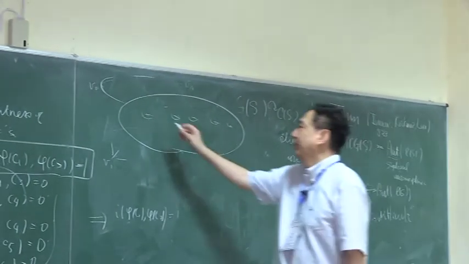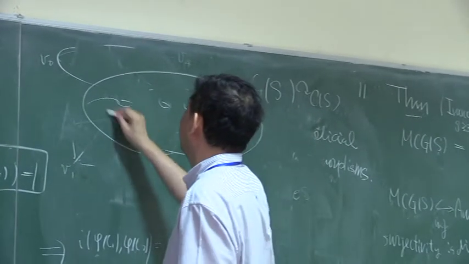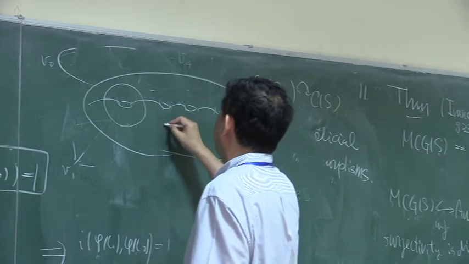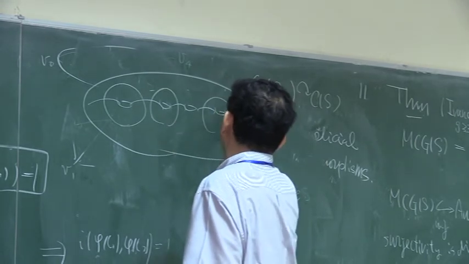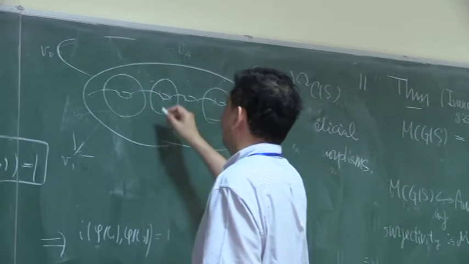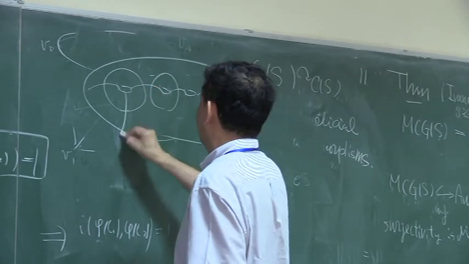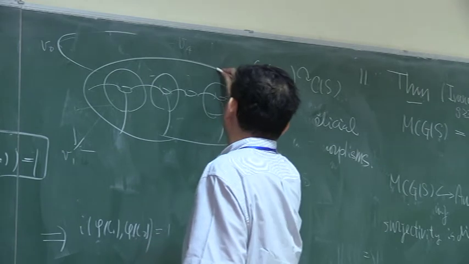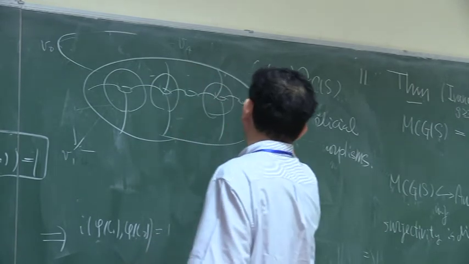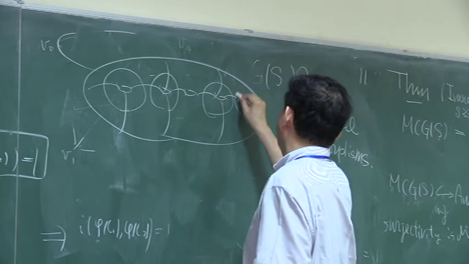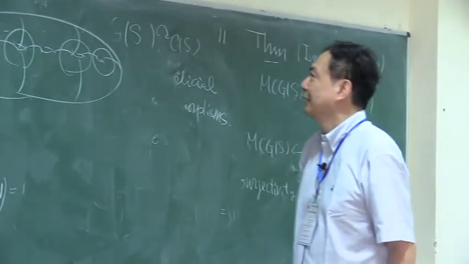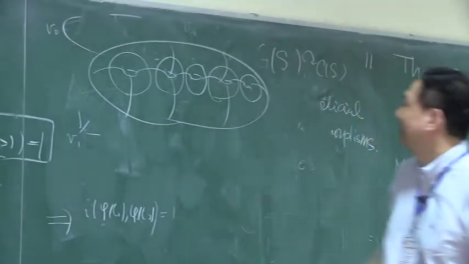If you have a closed surface, you can consider a system like this, where everything intersects at one point over here, and over here.